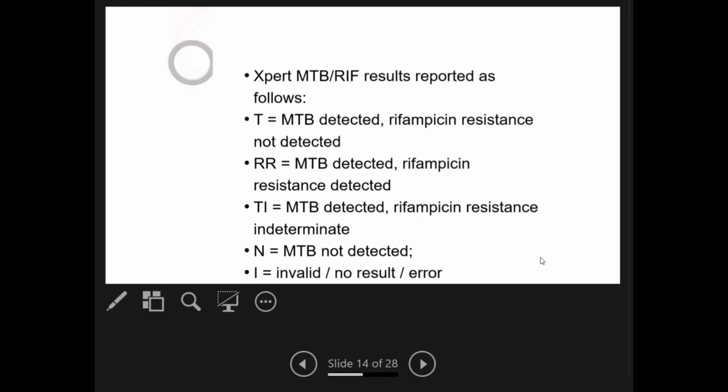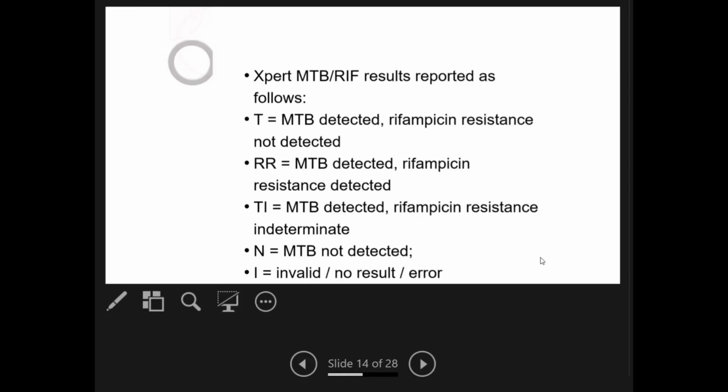So you can get results: MTB detected, rifampicin resistance not detected; or MTB detected, rifampicin resistance detected. And sometimes, if the bacterial load is very low, it gives you the result as MTB detected, but rifampicin resistance indeterminate. In these scenarios, we have to be very careful. I think rifampicin resistance in Sri Lanka is not that high.